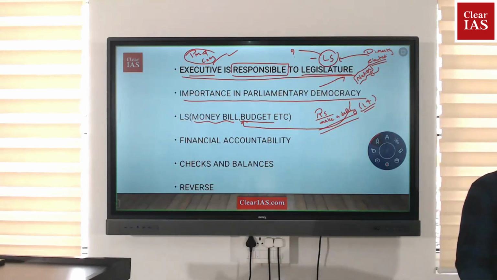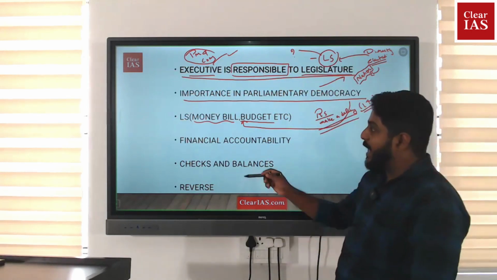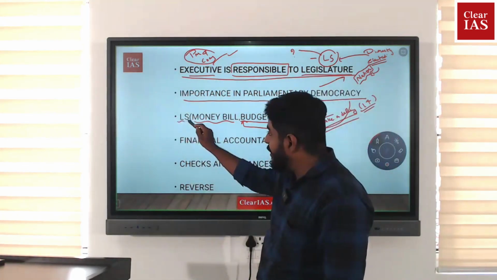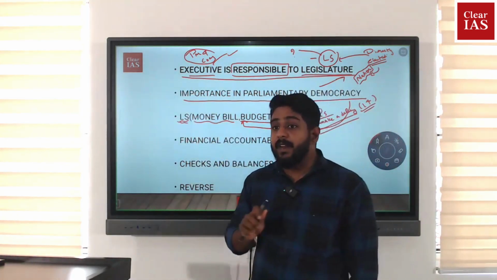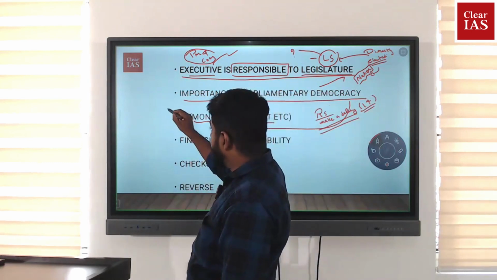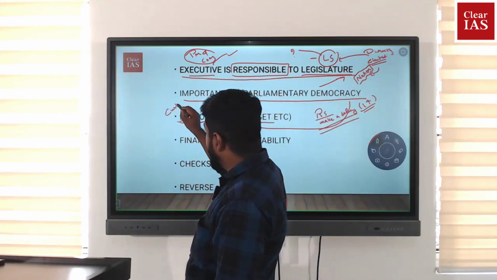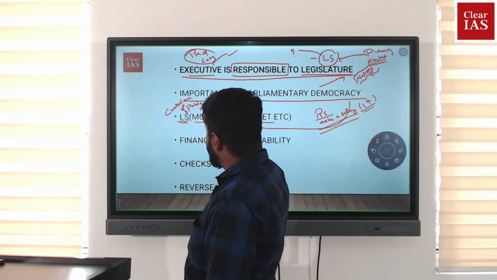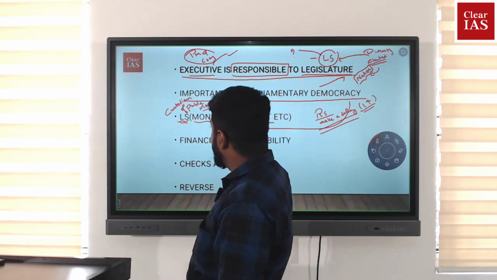So who has more power when it comes to the matters of money? It is actually the Lok Sabha. In other words, you can say that the custodian of public money is in fact the Lok Sabha.